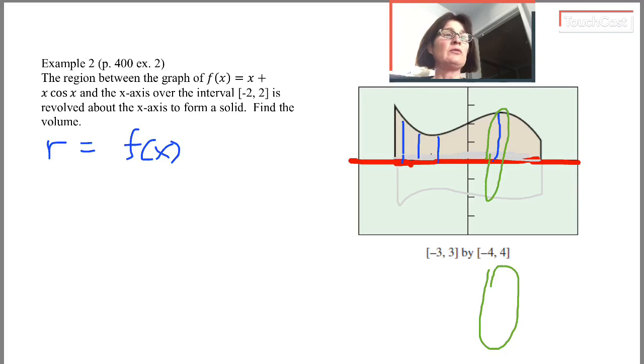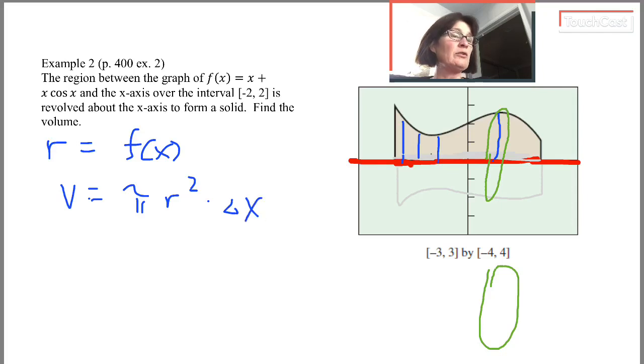Now I can write my integral. The volume of that slice is going to be, since it was shaped like a cylinder, a very short cylinder, pi r squared times the thickness of the slice, which is going to be a very small change in x. You could write delta x here.